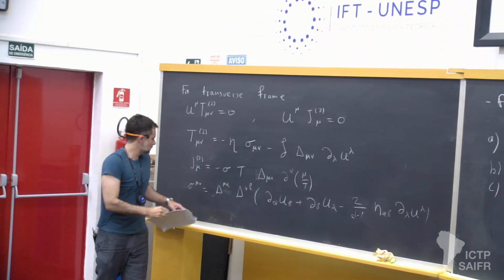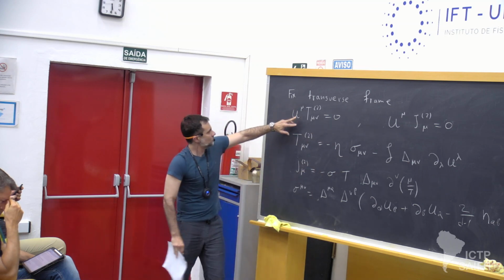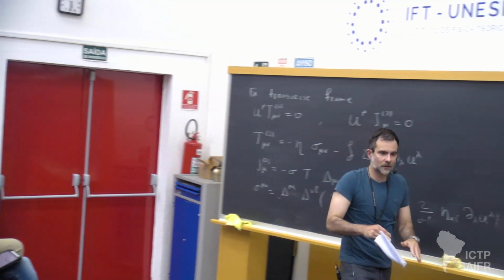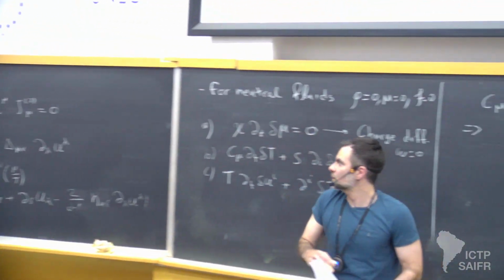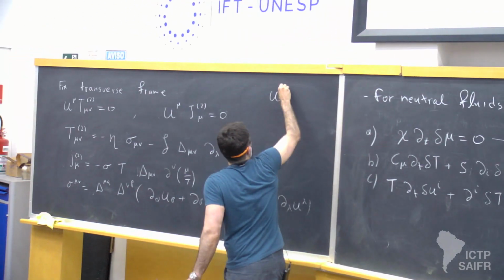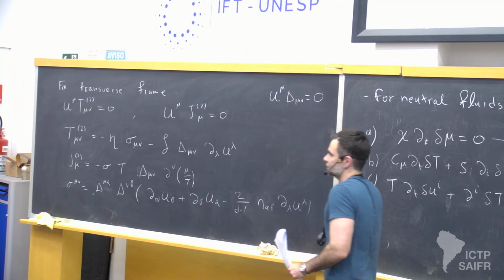Okay, so sigma mu nu is traceless, and if you contract with u, because you have these projection operators delta, you will get 0. So the property to keep in mind is that u mu delta mu nu is 0.